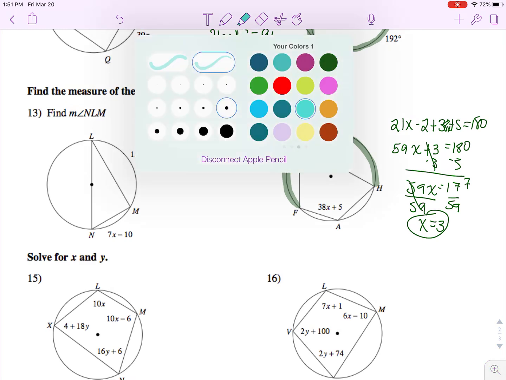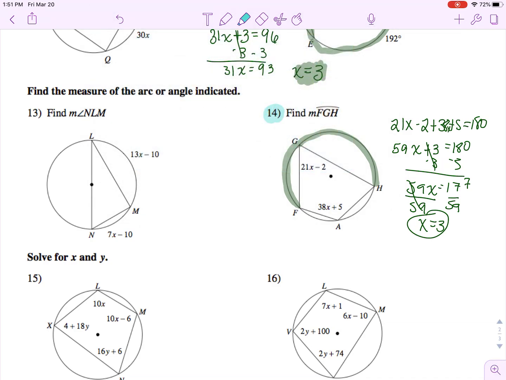So from here, what I see, if I want to find arc FGH, I see that the inscribed angle that forms that arc is FAH. So if I can find the measure of that angle, I can find the measure of the arc. So let's go ahead and plug in 3 for x to find the measure of angle FAH. And I believe you get 110.